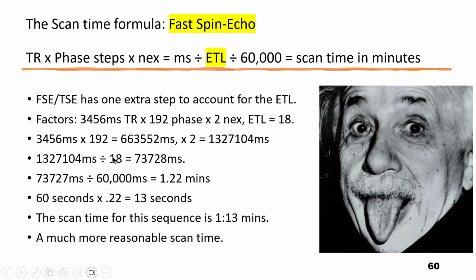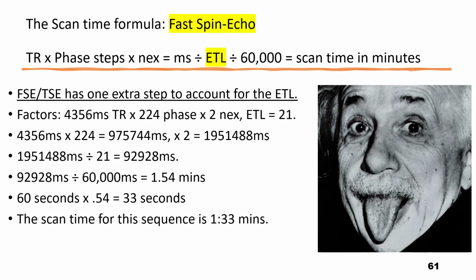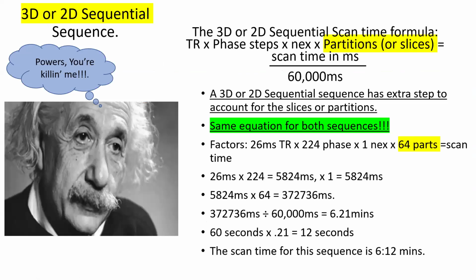Your TR times phase times NEX, and then divide that by 18, and then divide that by 60,000. It comes out to 1.2 minutes. That's 1 minute and 60 times 0.22, 13 seconds. So your scan time here is 1 minute, 13 seconds. That's pretty easy. I'm going to keep on going.